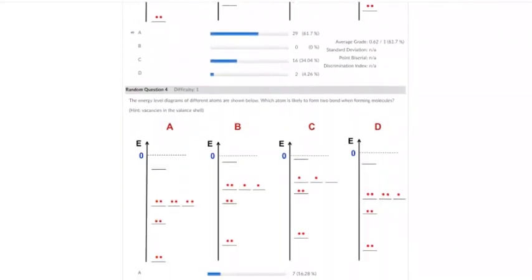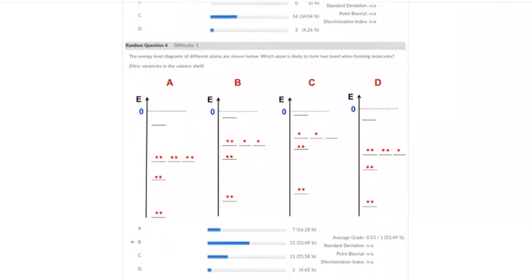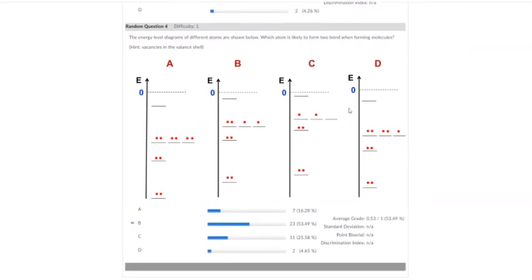Okay, this one: which atom is likely to form two bonds when forming molecules? The number of bonds an atom can make is all about the vacancies in the valence shell. When it comes to atom A, here's my valence shell. You already have 8 electrons. There are 0 vacancies.